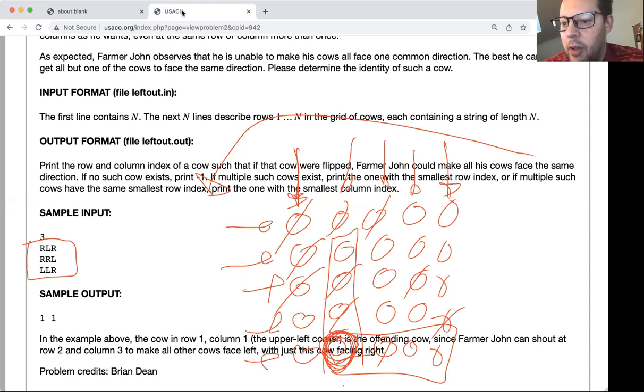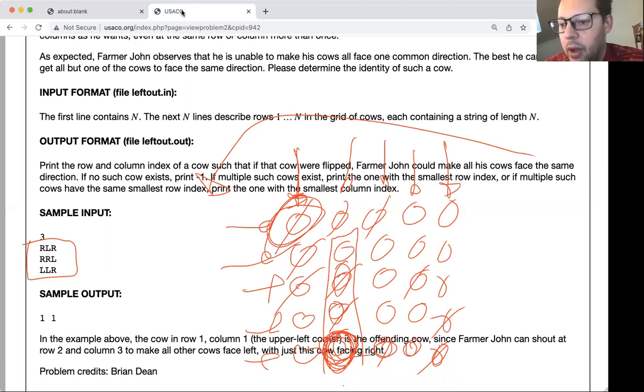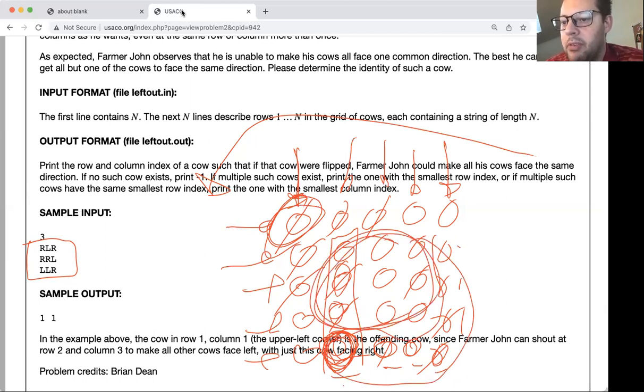If it turns out that the entire row and the entire column is wrong, that indicates that all of them were wrong, most likely, which would mean that the top corner was wrong initially, and that caused the whole entire field to be wrong. If you don't find anything around the outside that indicates that it's wrong, if all the outside is correct, then you still have to go through the entire middle and see if there's a single cow in the middle that's incorrect, because there's got to be a cow that's wrong somewhere.